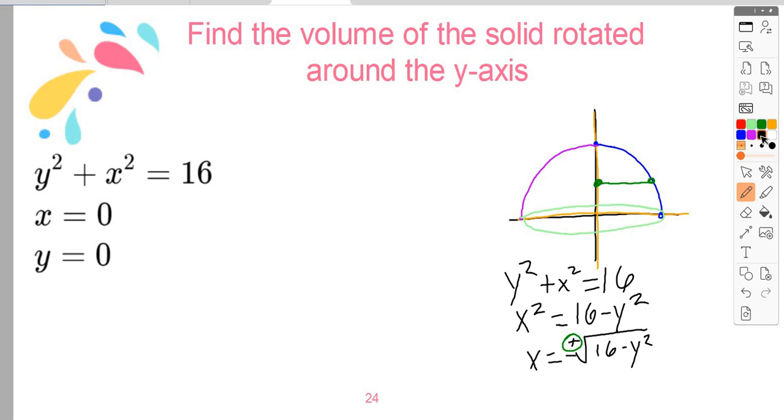And the nice thing is that notice that there's not anything funky going on with this distance. It's just from my y-axis out to my graph, which means that this equation right here is going to be my r of x. Okay, so it's just the distance that my x is, because it's going horizontal. So we have V equals, what comes first?